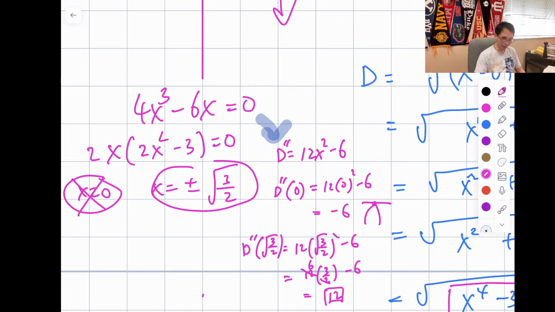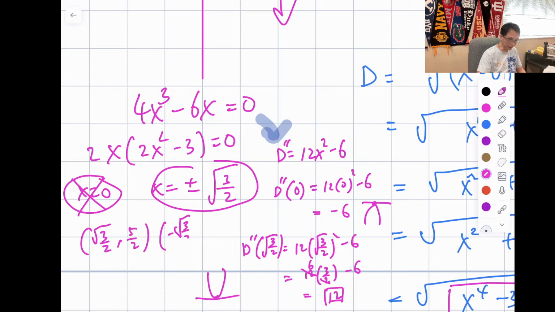So 12 is concave up, and that's the minimum distance. So the minimum distance occurred at x equals plus or minus root 3 over 2, and the distance is the square root of 5 over 2, if you plug into the original function.